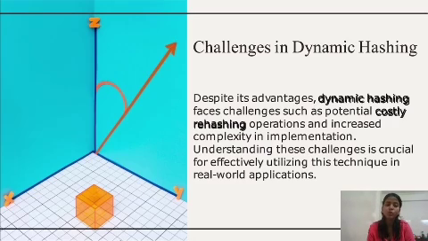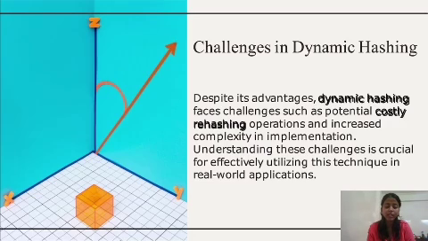Dynamic hashing aims to keep data well distributed across buckets, but achieving this balance is challenging, especially with highly skewed data, where some data is accessed more frequently or concentrated in specific buckets.